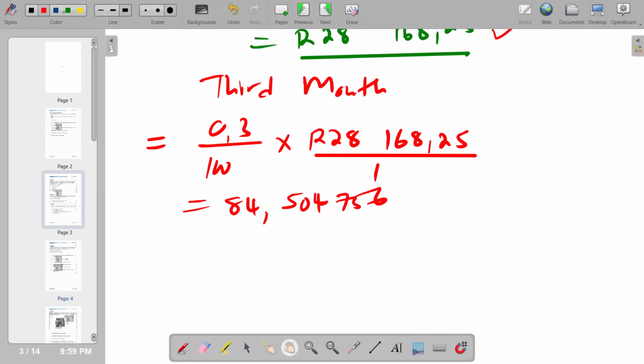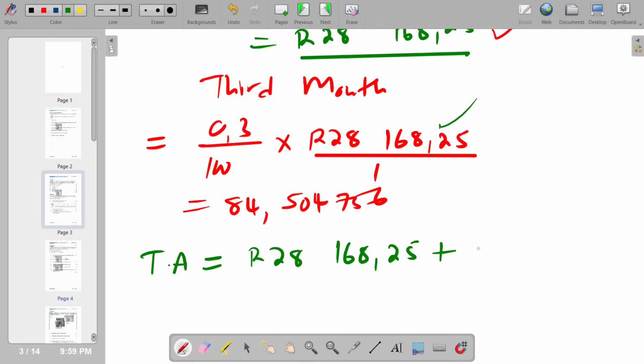So to get the total amount for the third month, the principal for the third month is 28,168.25. We add the interest for the third month, 84.504756. So we can try to add and see what we get.